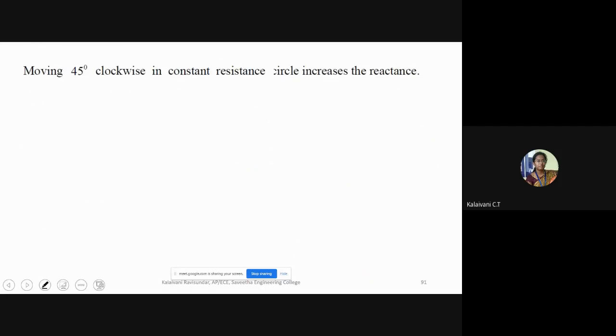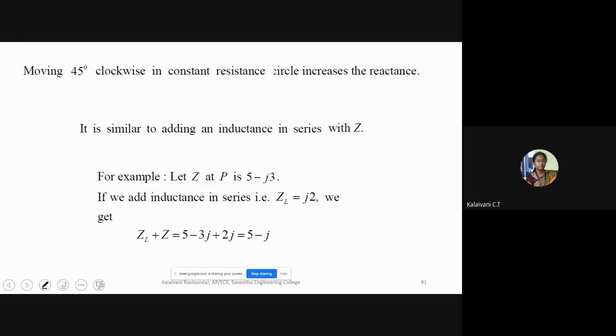Now, the question is moving 45 degrees clockwise on a constant resistance circle, which increases the reactance. So it is similar to adding inductance in series with Z. For example, if Z is equal to 5 minus j3 and we add an inductance in series, say j2, then we get 5 minus j, which lies in the clockwise direction.